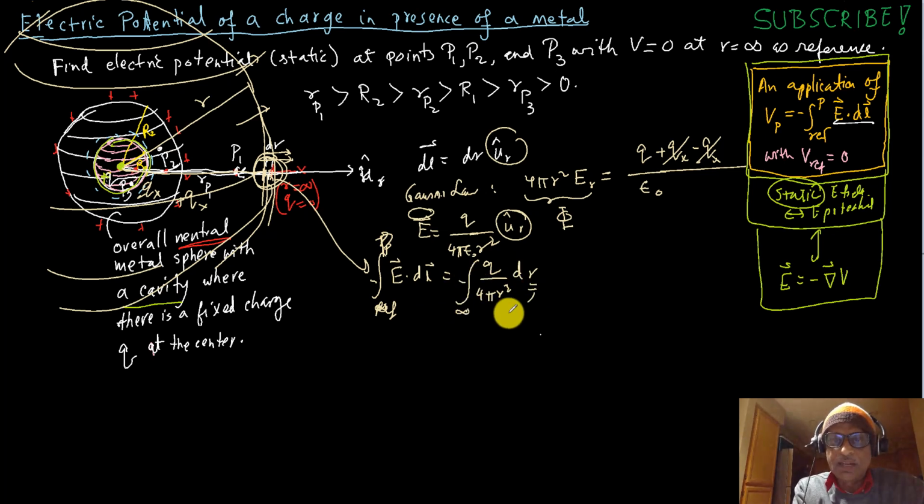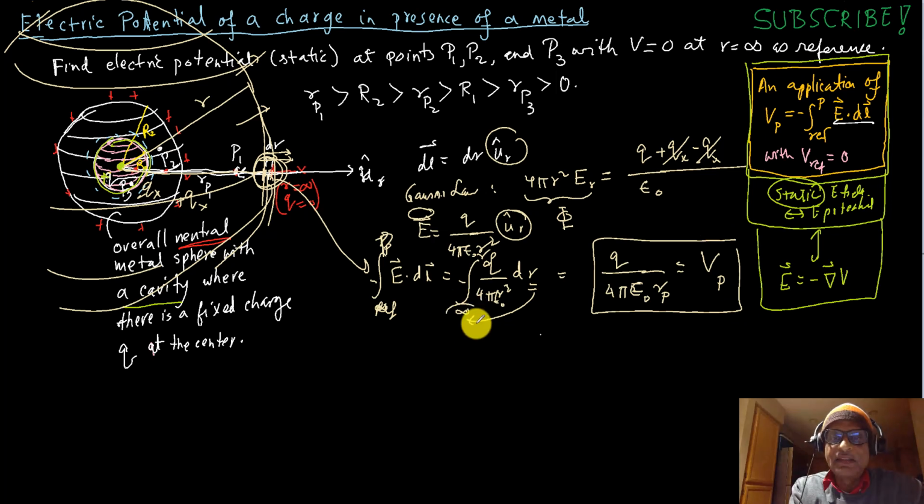This is for infinity to r_P, and if you work it out, it's just Q over 4 pi epsilon naught r_P. So this is the V at P with the reference at infinity. So that's the first part. So we got the answer for this part.